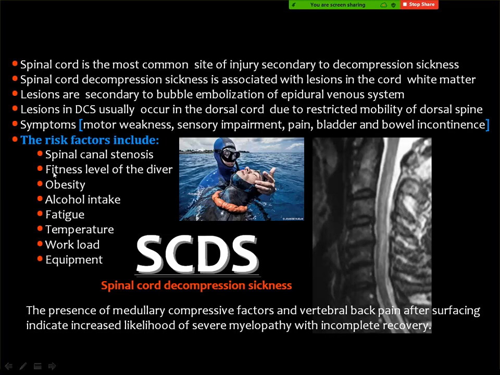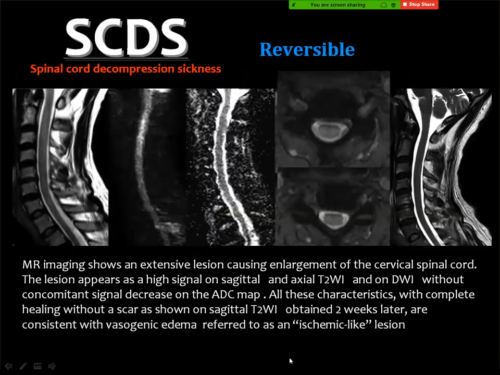It is also more likely if the fitness of the diver is not that good, in obese patients, and in those who are taking alcohol, and also the temperature of the water, the workload and the equipment can affect the occurrence of this decompression sickness. Sometimes, if the patient is managed correctly, you get reversibility of the lesion.